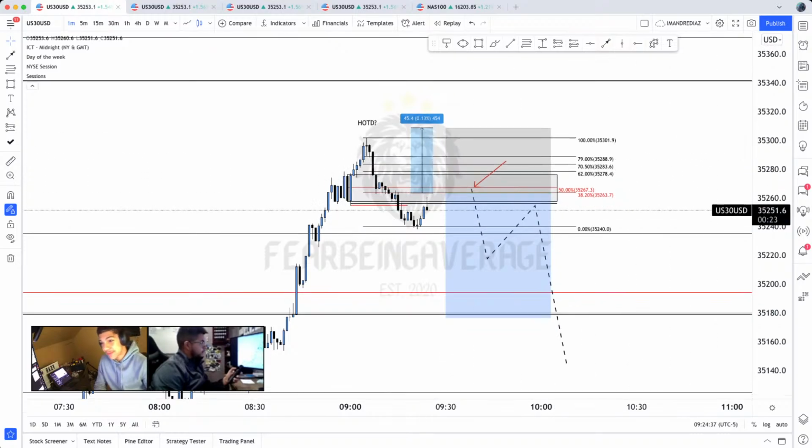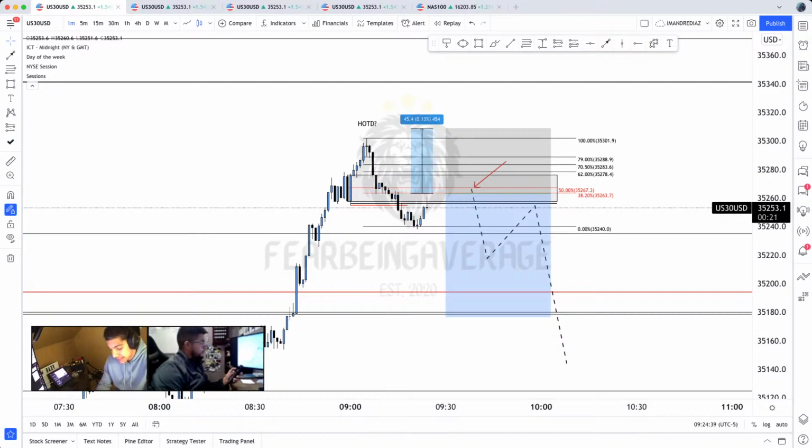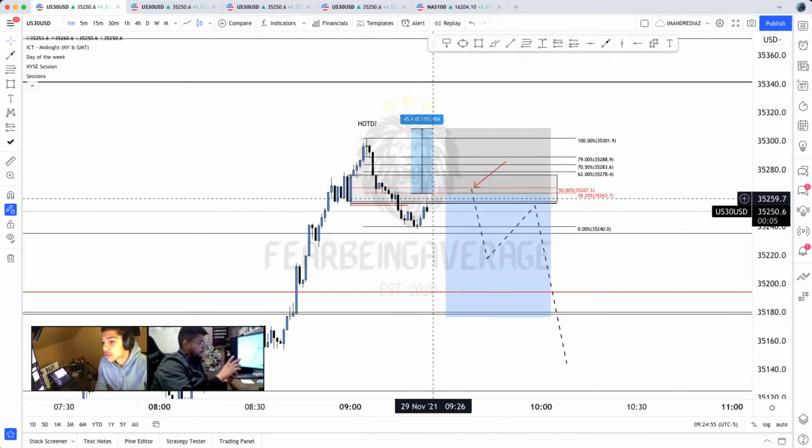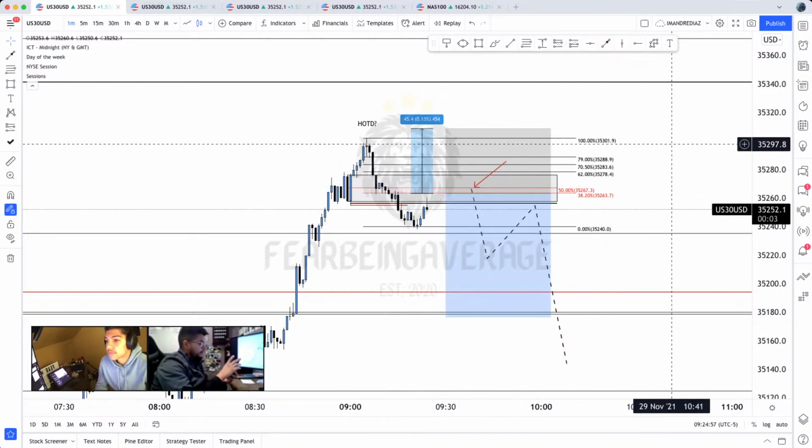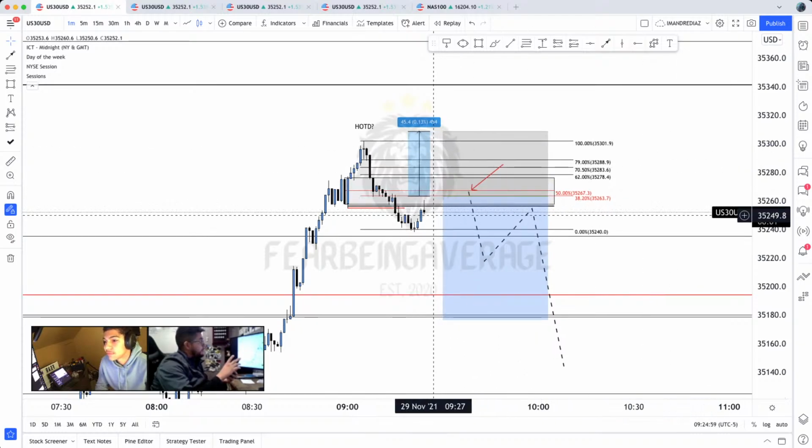I want to get my entry, but it might just fall without tapping into it. It might just tap right into the low of that order block, the breaker block. Hopefully it doesn't. If it does, that would make me very sad, because it came close. Don't do this.